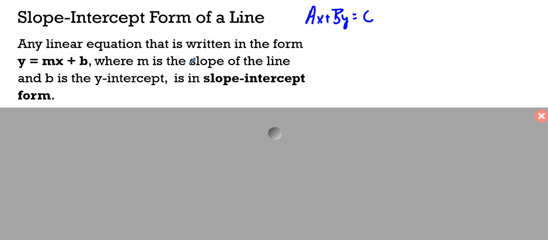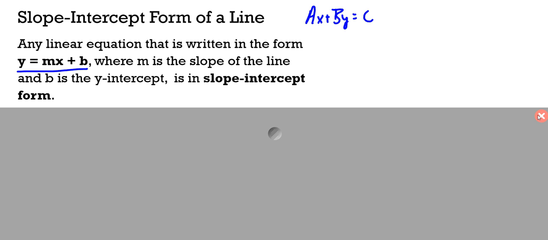Besides the exponents being 1, the important thing is y by itself on one side of the equal sign. Written this way, you can very easily pull out important information.